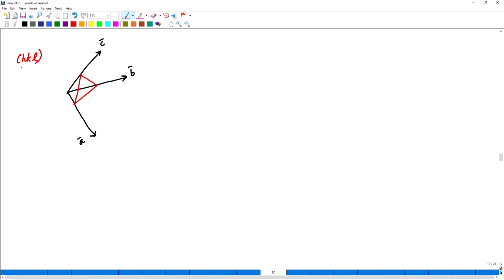If the plane's indices were supposed to be HKL, then it will intersect the A axis at A by H. Remember, because we have to take the reciprocal of the indices to get back to the intersection. Here it would be B by K, and along C it would be the magnitude of C divided by L. So, I am writing the absolute intersections, not the fractional intersections.